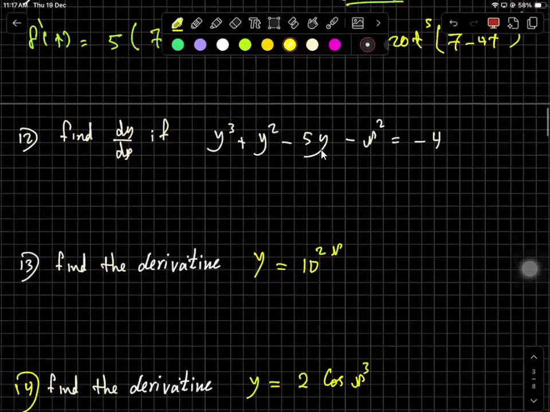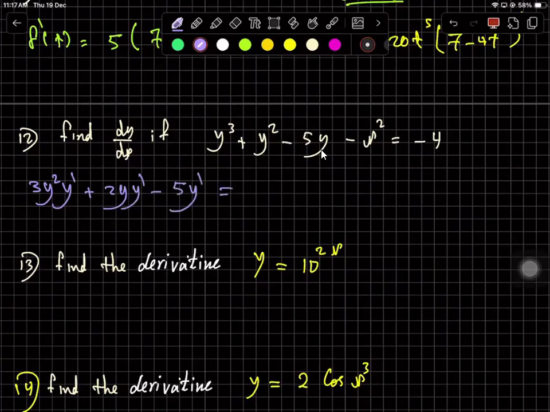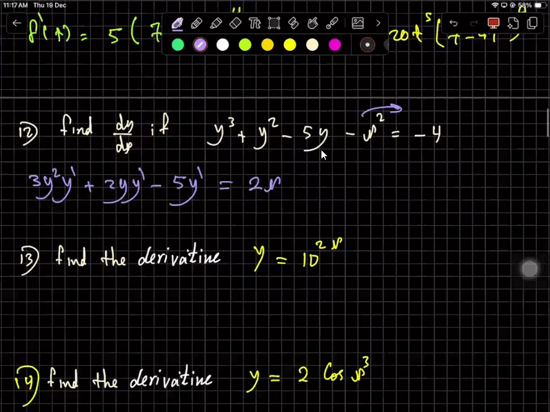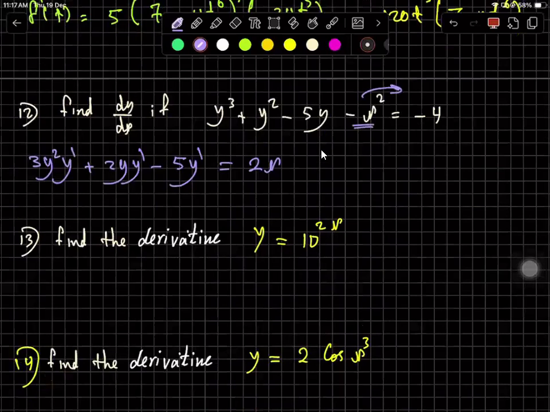Implicit differentiation again here. y cubed gives 3y squared y prime, plus 2y y prime, minus 5y prime, equals 2x. I moved this to the other side and get the derivative directly. Why did I move this to the other side, which is x squared, whose derivative is 2x?